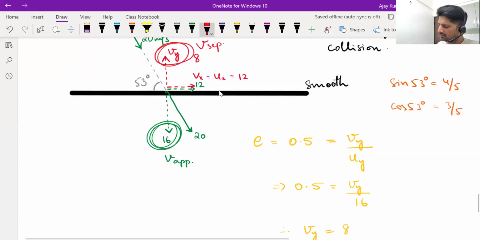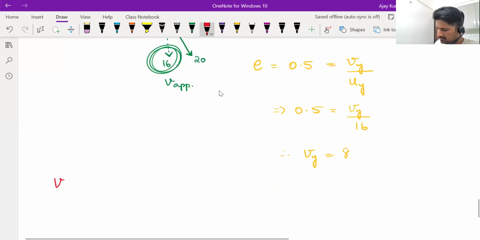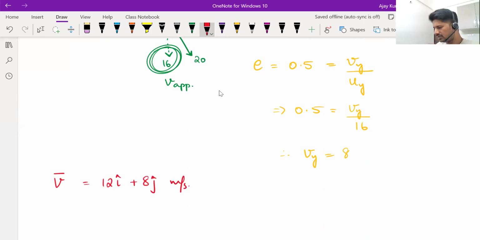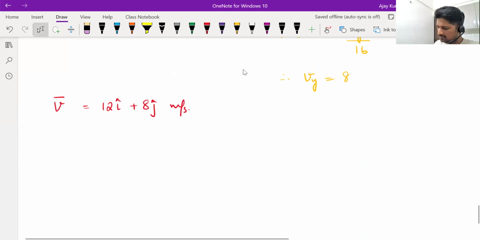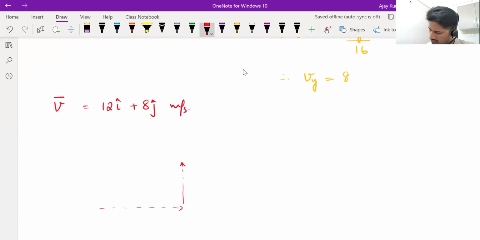Therefore, the final velocity of the striker, that is its velocity after collision, will be 12 i cap plus 8 j cap meters per second. You can tell at what angle it rebounds also. Once you know the velocity, just draw the vector. 12 i cap will be this way, 8 j cap will be this way. The striker is going to rebound at an angle like this.